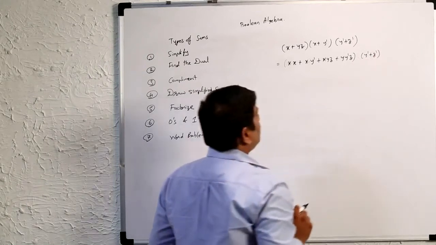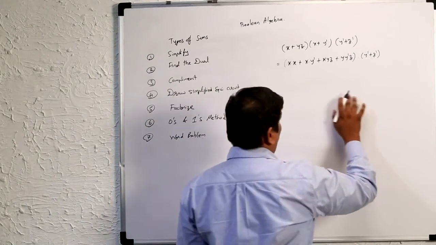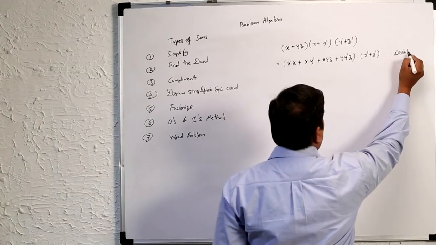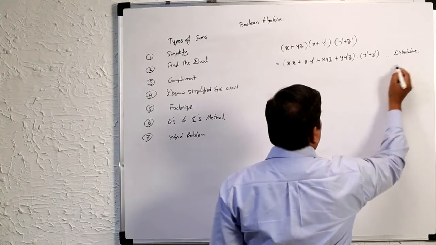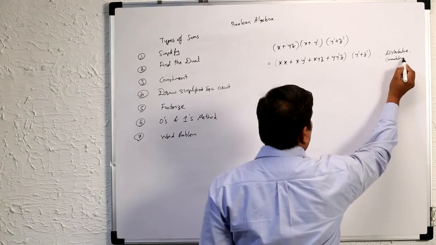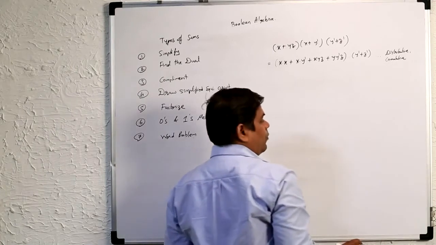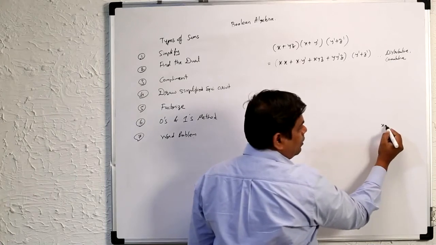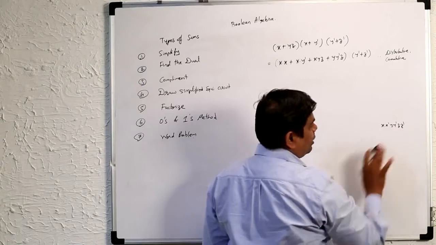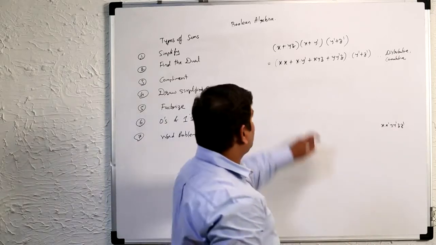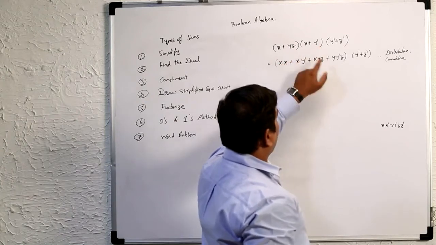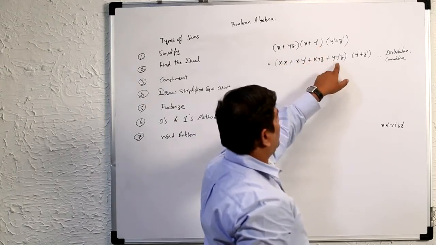Now if you have noticed, we have used two properties here. The one is called distributive property, and the next one which we have used is commutative property. We are going to write x, then x dash, y dash, z dash, and that hierarchy we are going to follow. So if you understood, we have here y z y dash, and we have not written y z y dash, we have written y dash z.